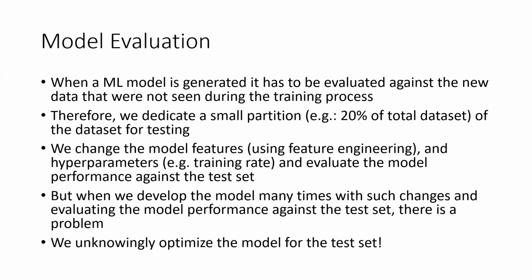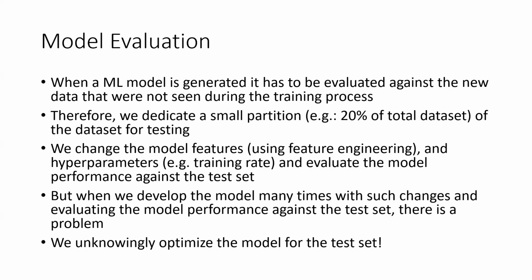But subconsciously, what we are doing is we are trying to optimize for the test set, not for the unknown data, but because we have a fixed data set for the test set, we are trying to optimize for the test set.